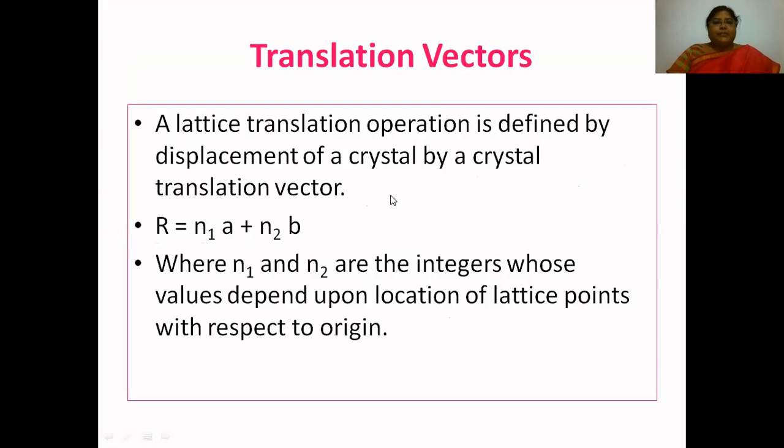Translation vectors. A lattice translation operation is defined by displacement of a crystal by a crystal translation vector. R is equal to n1 a plus n2 b, where n1 and n2 are integers whose values depend upon the location of lattice points with respect to origin.